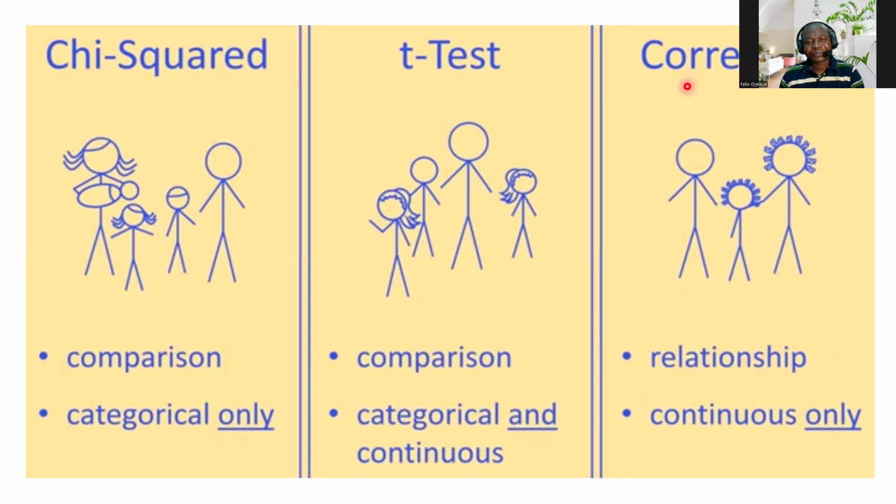Okay. But if you are dealing with two variables whereby you want to establish if an additional input on this or an increase in this will have an increase effect on the other one, in that case, you'll be looking at a regression analysis.